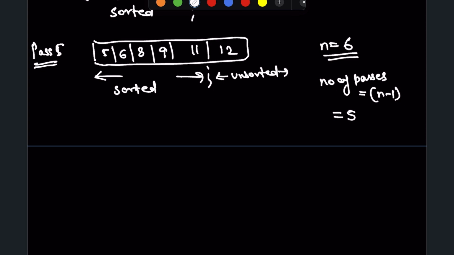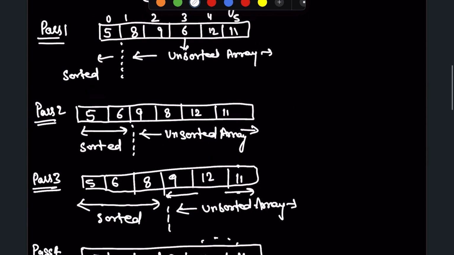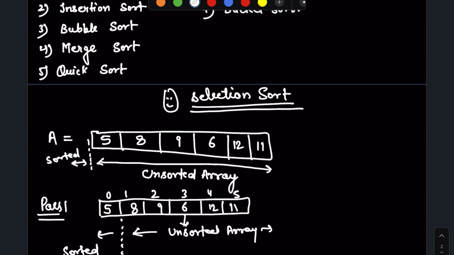So we don't need to apply linear search or sort this element. So at the last stage, we have the sorted array A as 5, 6, 8, 9, 11 and 12. So this is the whole process of sorting any list or array by using selection sort.